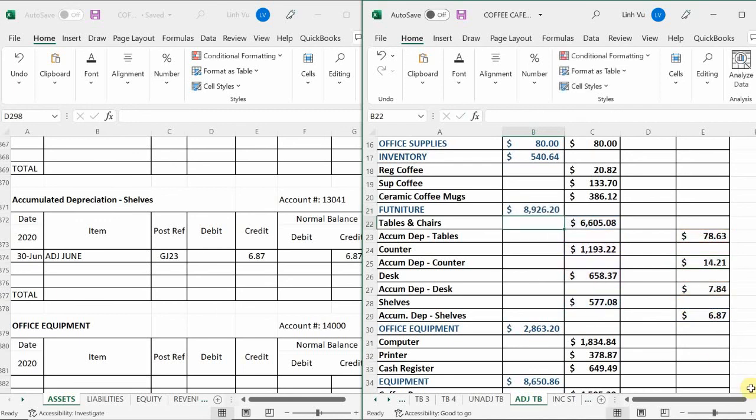So right now, with the accumulated depreciations, my book value at the end of depreciation should be $8,926.20 worth of furniture. Okay, when my original was the $9,033. Now that's my book value. That's my historical cost.